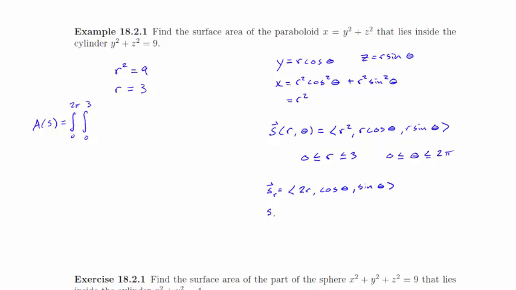And we get S sub theta, which equals 0, negative r sine of theta, and r cosine of theta. We'll take the cross product here.